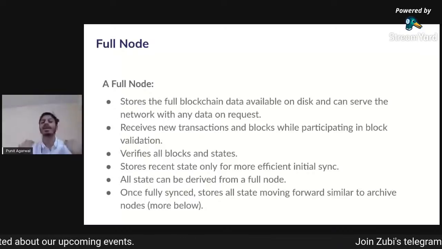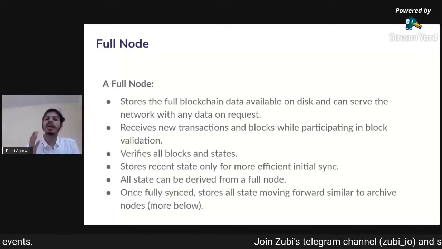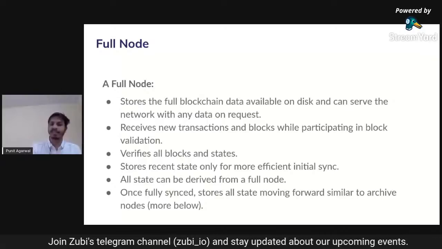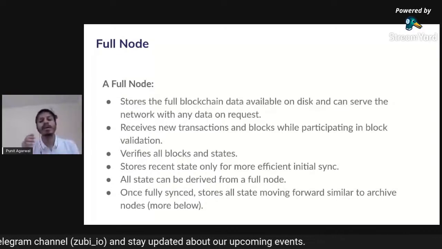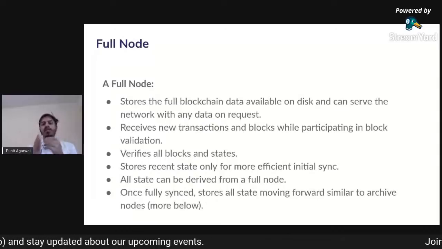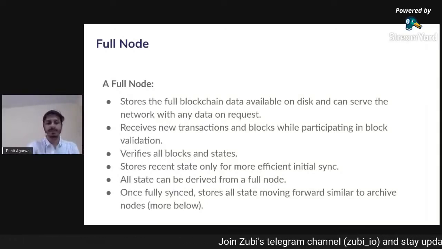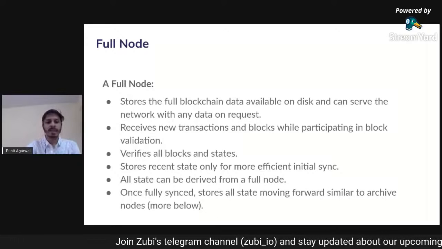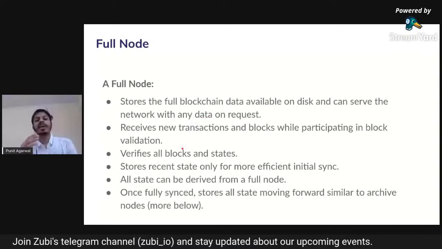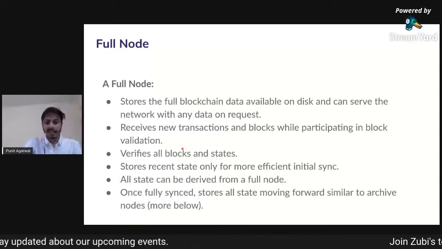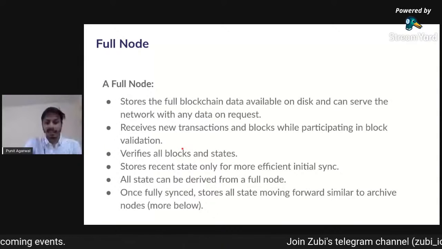So a full node has a functionality wherein you can just see the most recent state for an efficient initial sync. With that, you can have all the previous data and you can sync yourself very fast. All state can be derived from a full node. Once fully synced, it stores all state moving forward, similar to archive nodes.